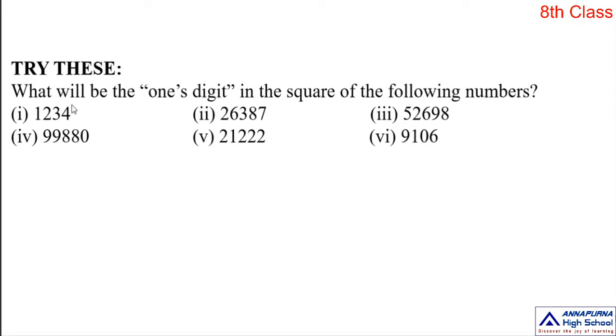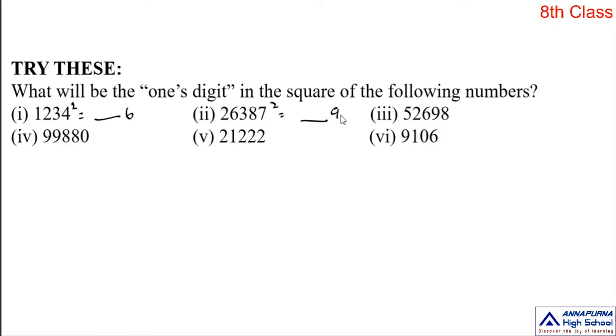If you find the square of this number, what is the digit in the ones place? Since the given number ends with 4, its square ends with 6. And the second one, the given number is 26,387. If you find the square of this number, the digit in the units place is 9.